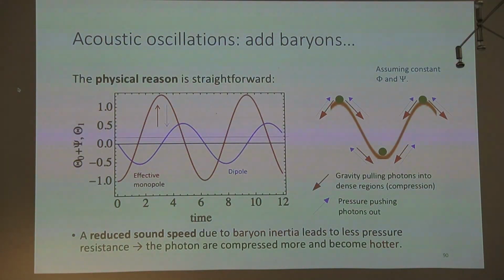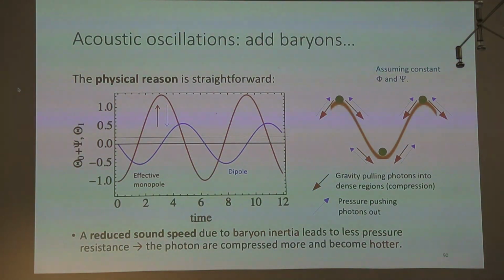Okay, so your overdense regions basically become even more compressed as a result of the baryon loading. Similarly here, if you're in an underdense region, then this photon baryon fluid that's sitting up there wants to move down, and you don't have quite so much pressure to push it back up. So again, you have more compression than you have rarefaction. Okay.